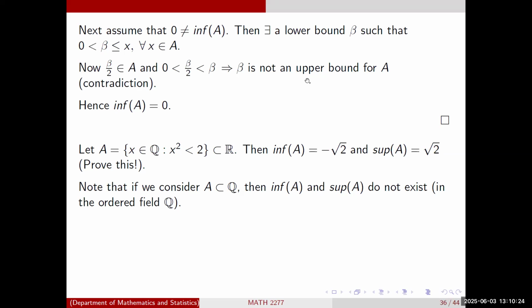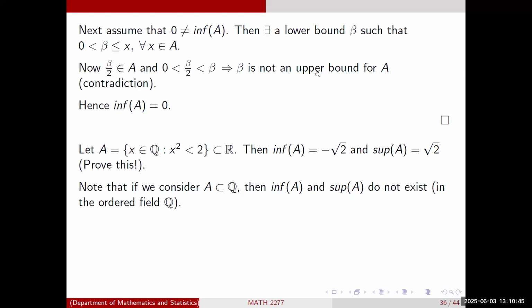So here's a typo, right? It should read, beta is not a lower bound. I think in the course notes it's correct, so the typo is just here.